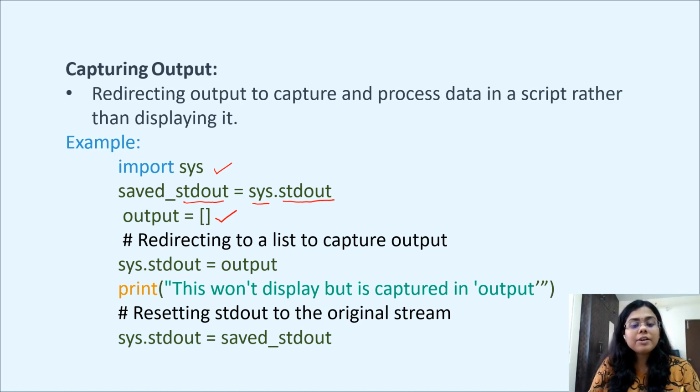So we redirect the output to the list, that is sys.stdout equals output, and this won't display, but it is captured in output. Even though we print it, it will not be outputted, but it will be captured. Now we reset the standard out to the original stream, which is sys.__stdout__. So this is how we capture the data in a scripting format that can be later used in the code.